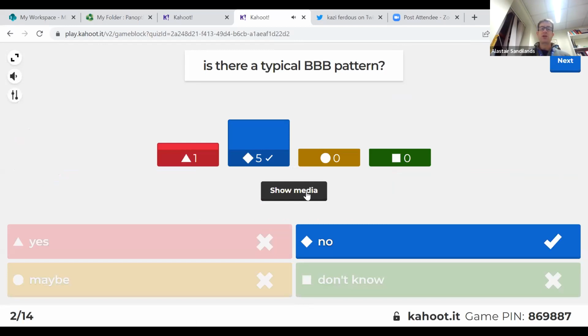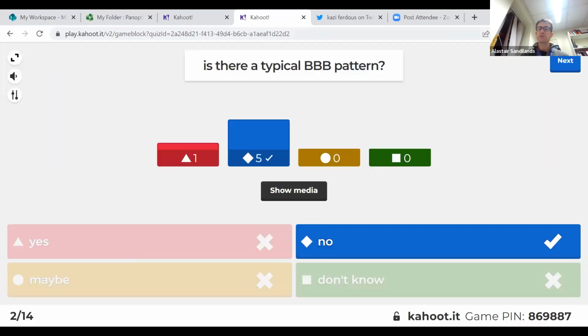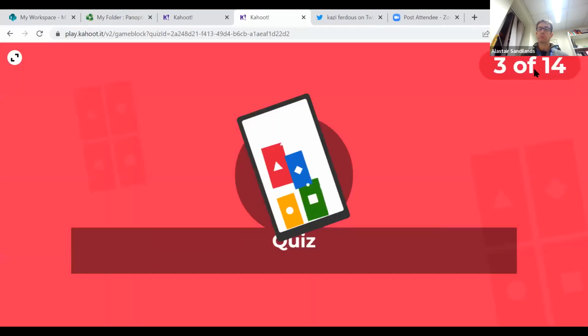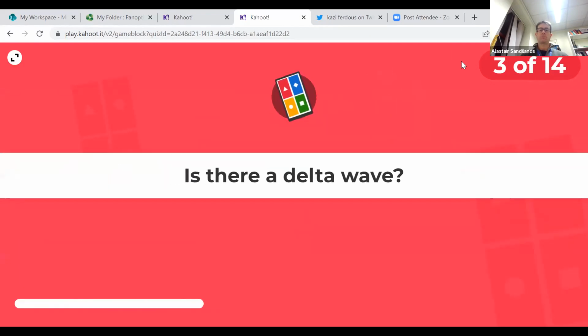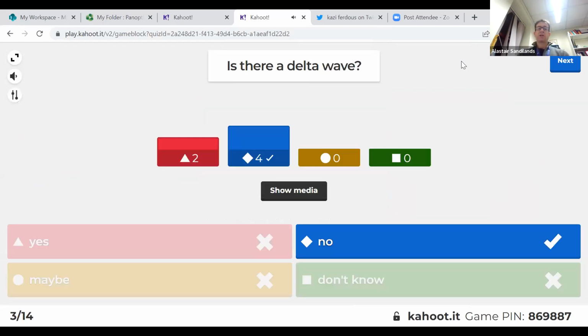Yeah, so there is not a typical bundle branch block pattern in V1. The bunny rabbit ears are the wrong way around. So you've got a big one, then a small one. So this is not a typical bundle branch block pattern. Yeah, so there isn't a bundle branch block pattern.